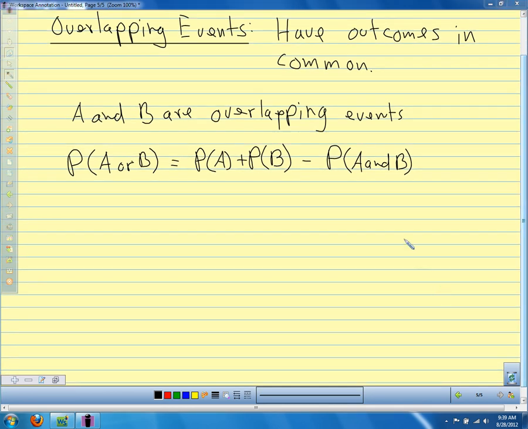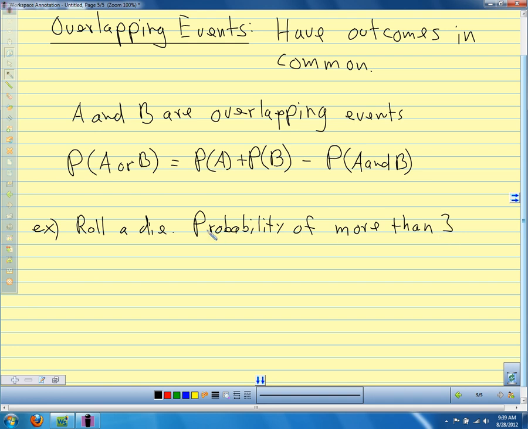So let's use our example with our die and find the probability of rolling a number greater than 3 or even. So we roll the die. We want to find the probability of more than 3 or even.